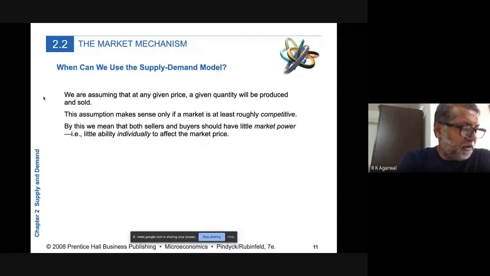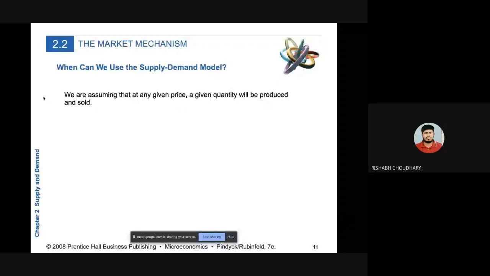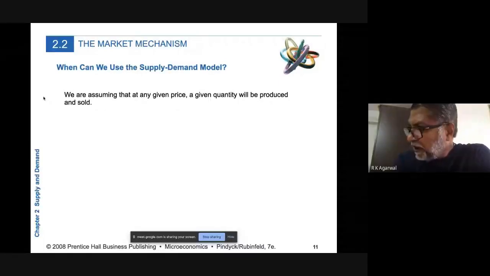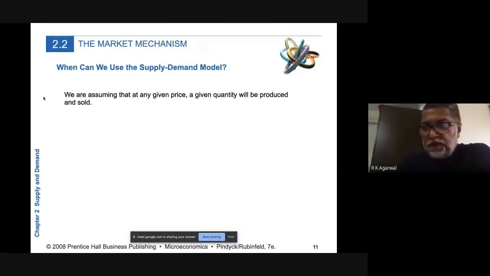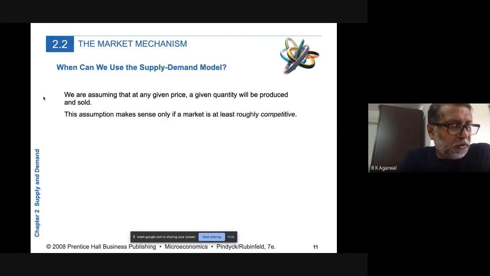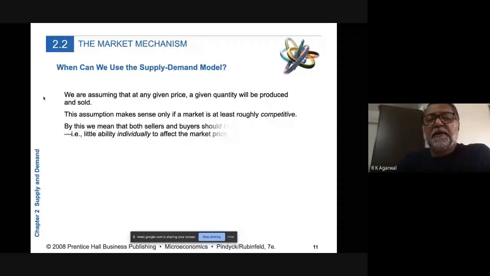It's a large number of buyers and a large number of sellers. That's true, but actually that is only one of the features of a competitive market. Normally, competitive markets are defined in a totally different way. So I'll show you how it is defined.